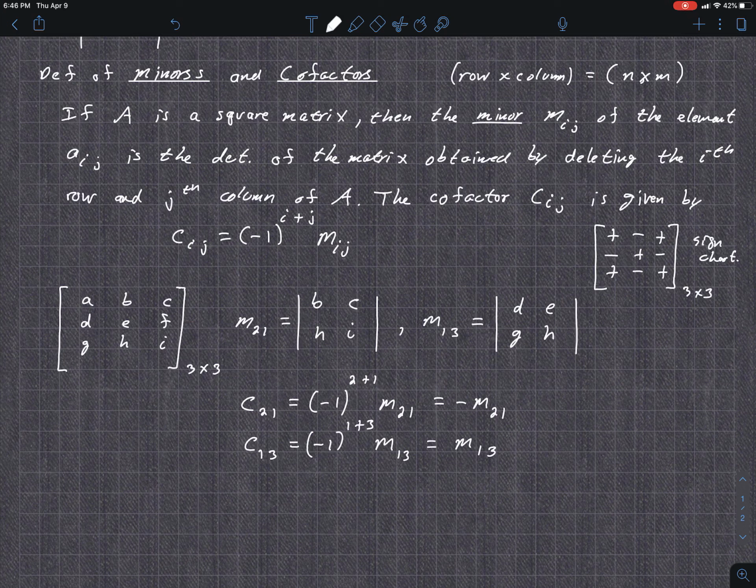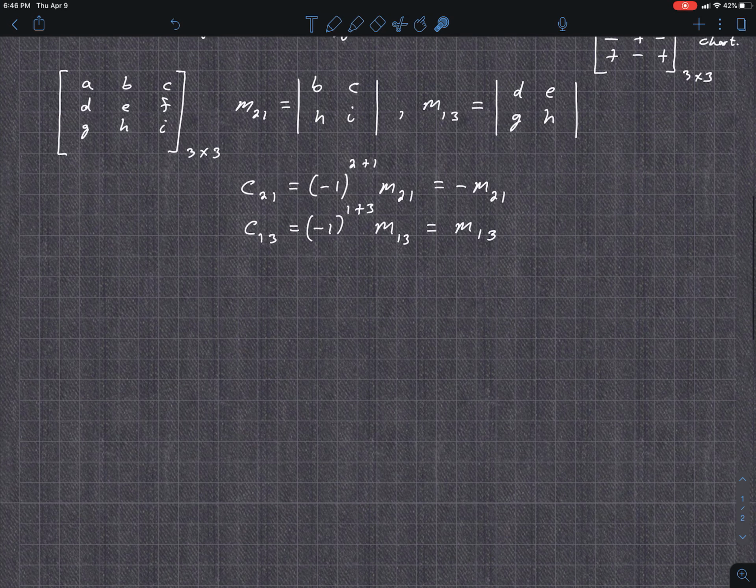And that one, well, it's 4, so it's positive. So it's M13, that determinant. So 1, 3, let's do this again. First row, third column, so right here, that c, that should be positive. Yep, it's positive. Okay.